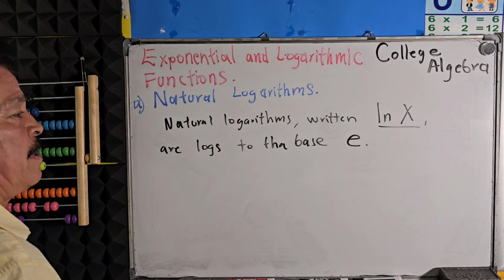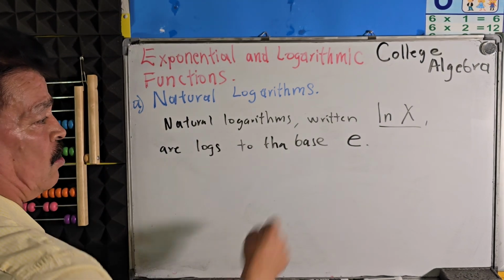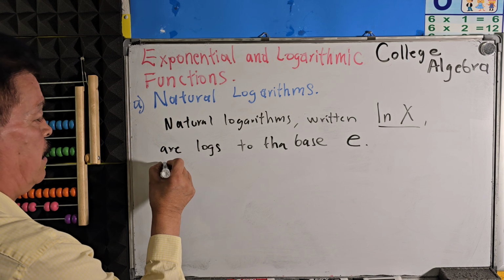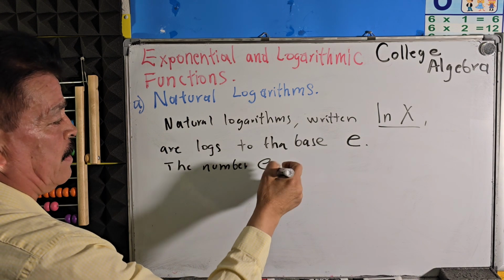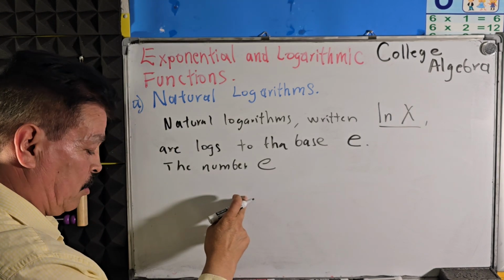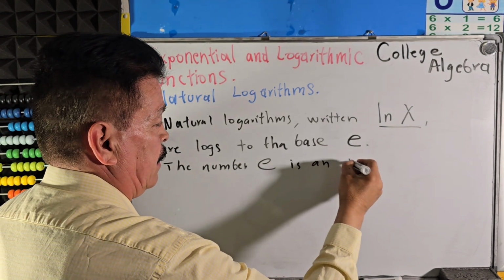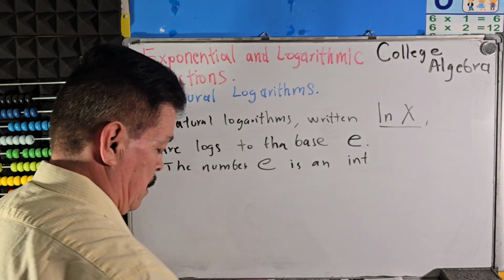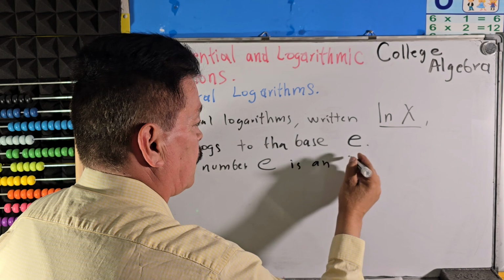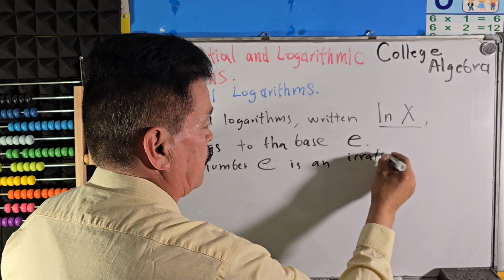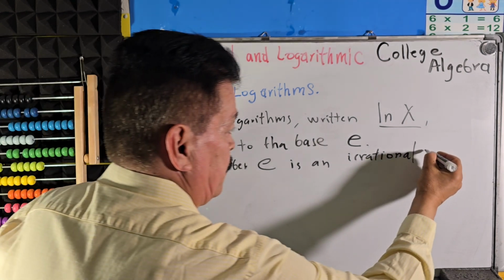Okay, that's very important. Another thing, the number e. So this symbol means an international irrational number.